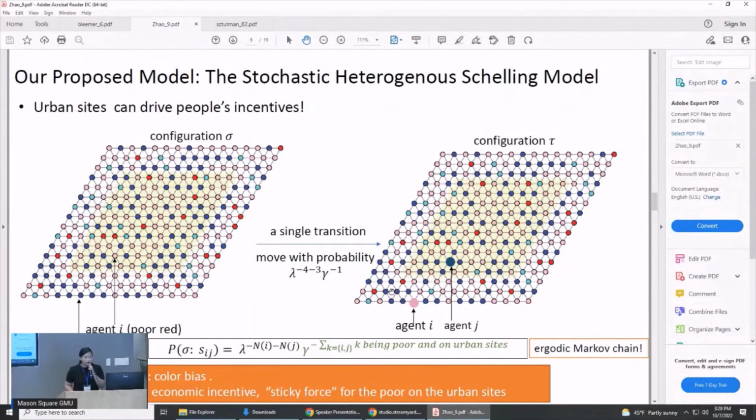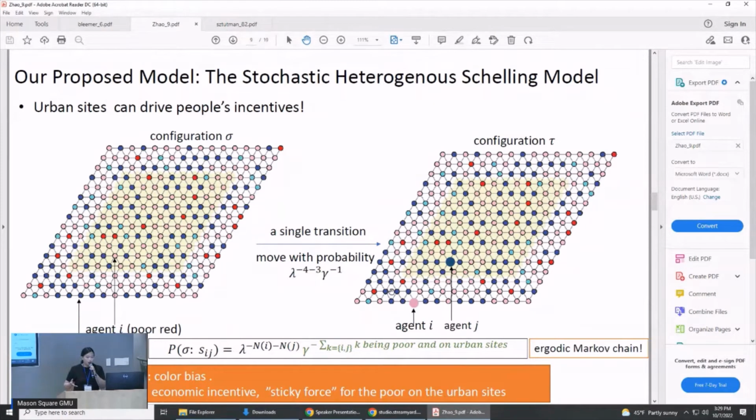Urban economists try to explain the urbanization of poverty by saying that city centers really provide amenities that can benefit the poorer populations more, like public transit and so on. So we want to capture that incentive in our model. In our model, everyone, regardless of whether they are poor or rich, still has racial biases.